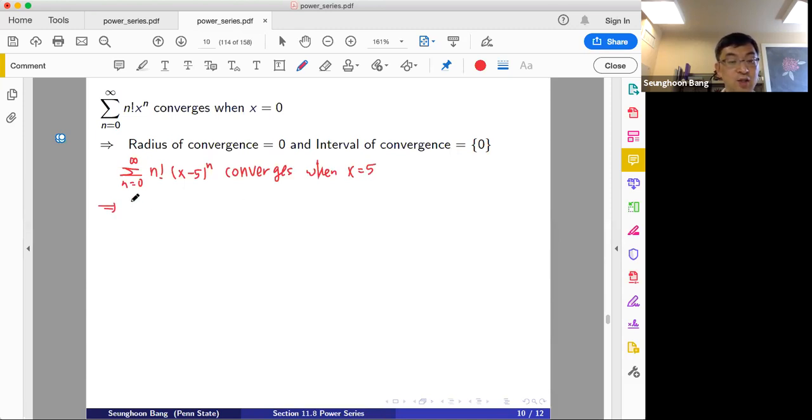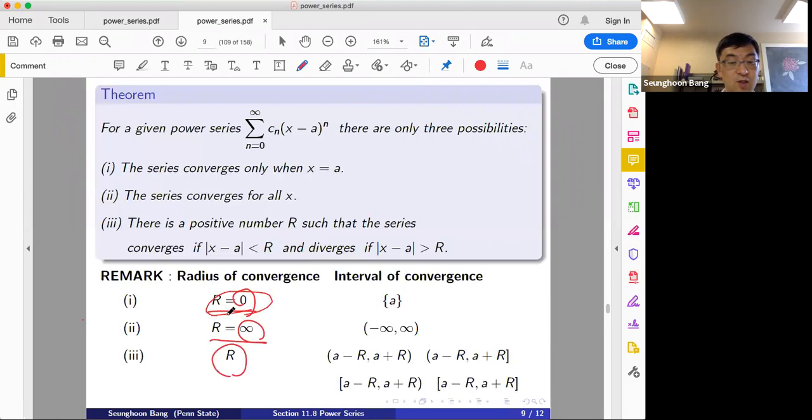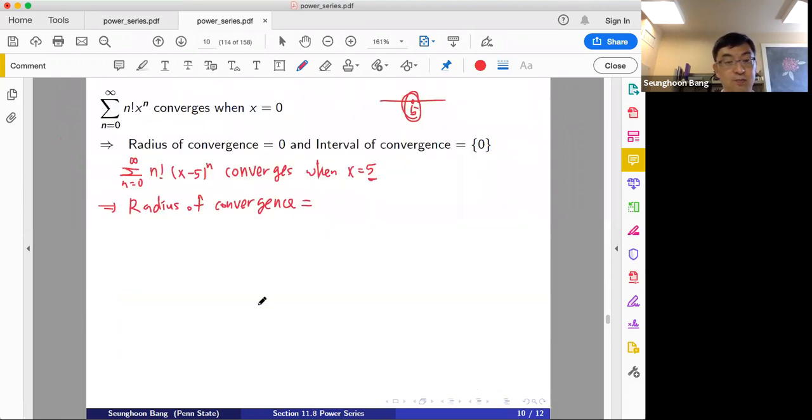My question is, what is the radius of convergence? 5 or 0? Be really careful. There is only one point here, only x equals 5. The length of one point is 0. So it's 0, not 5. Always 0.